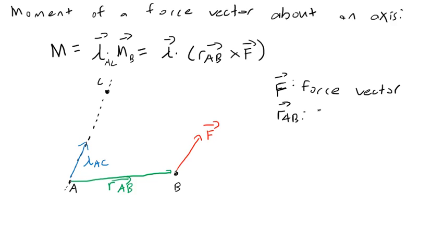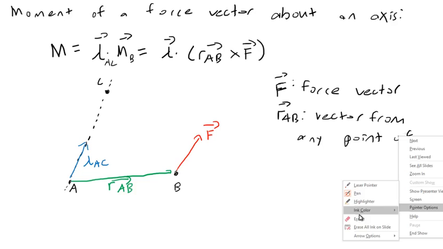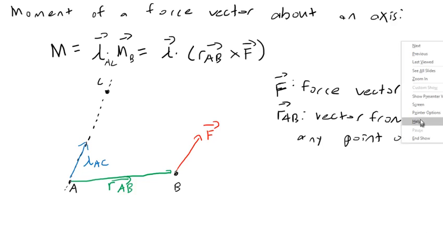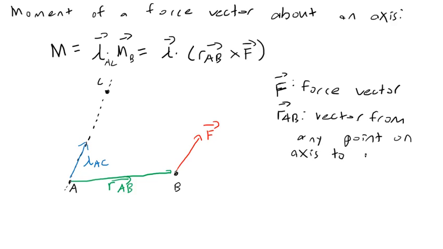r_AB is going to be the vector from any point on the axis to any point along F's line of action.